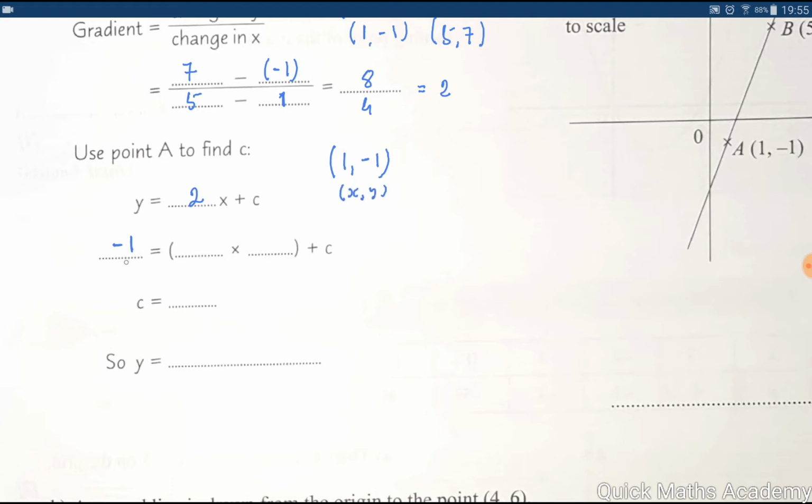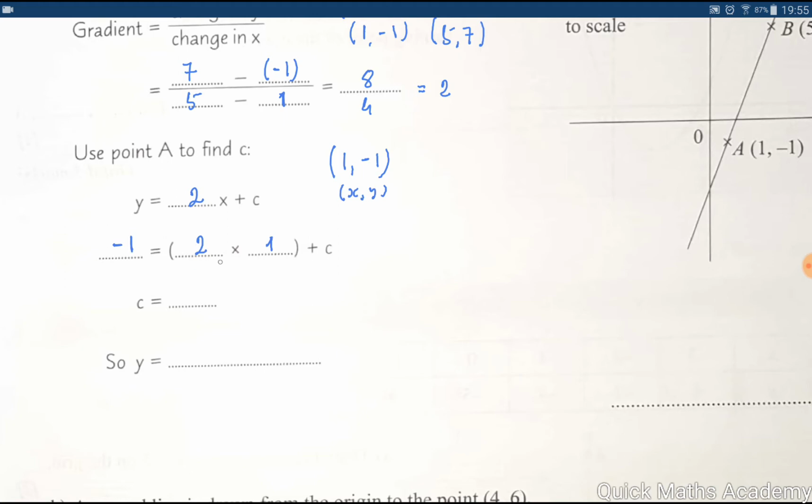We replace the y by minus 1 equals 2 times x. X is 1. 2 times 1 plus c.